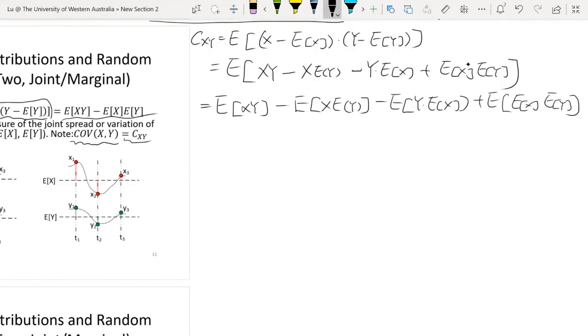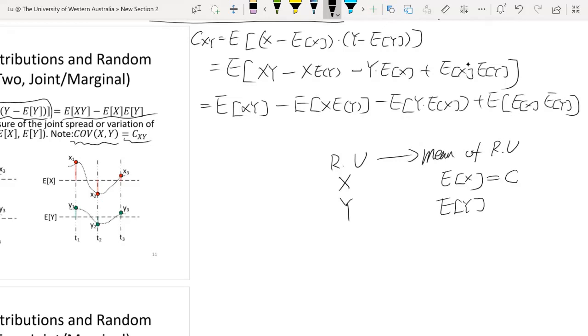Now before moving on to the next step, let's examine these terms here. I want to draw everyone's attention: if x or y is a random variable, the mean of the random variable will be the Ex and Ey, the expectation of them. For a given random variable, the expectation of it, or in other words the mean of it, must be a constant.